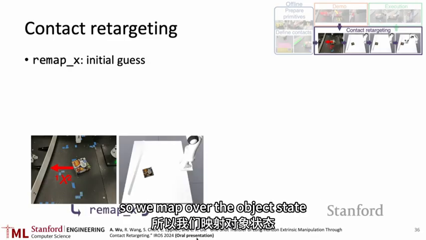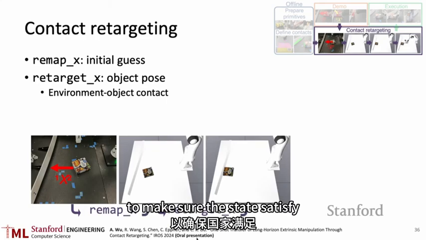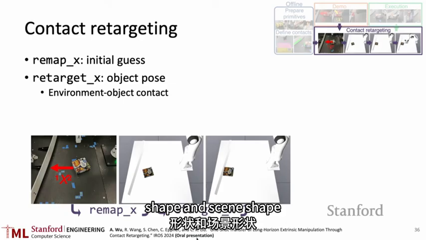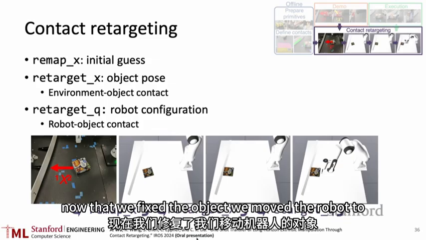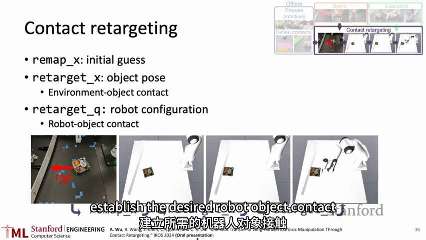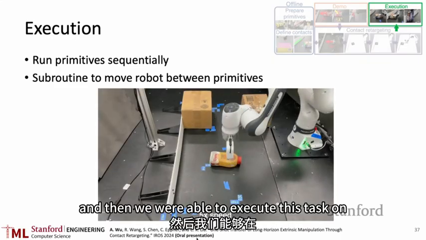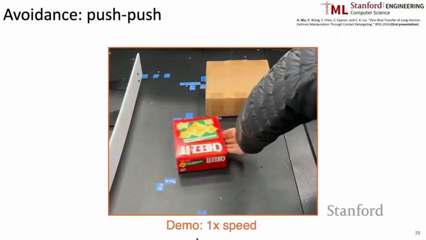We map over the object state and solve an inverse kinematics problem to make sure the state satisfies the contact requirements for that specific object shape and scene shape. Now that we fix the object, we move the robot to establish the desired robot-object contact, and then we're able to execute this task on a variety of scenes.